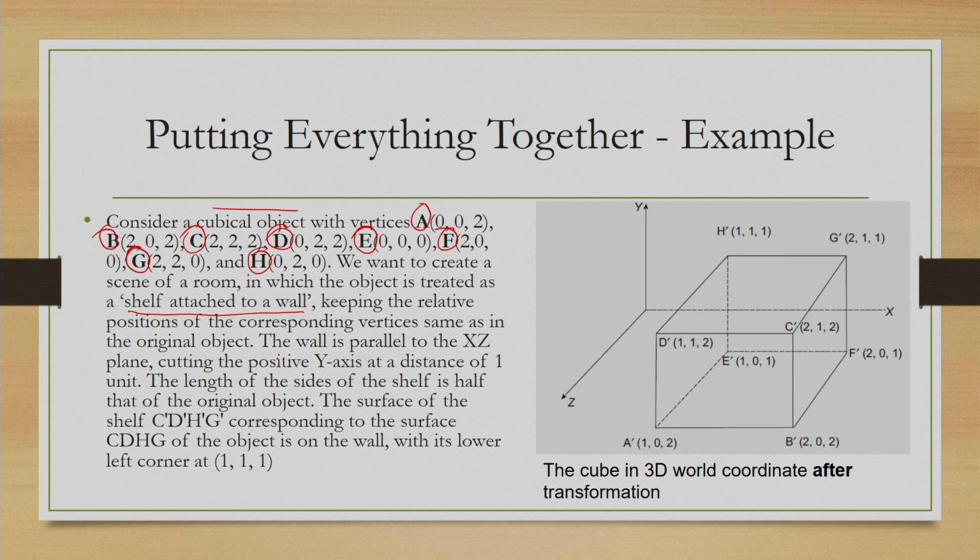and there is some specification about the wall also. It is parallel to the xz plane, cutting the positive y axis at a distance of 1 unit, and the length is reduced by half, and we also mention the corresponding vertices in the shelf with respect to the original vertices.